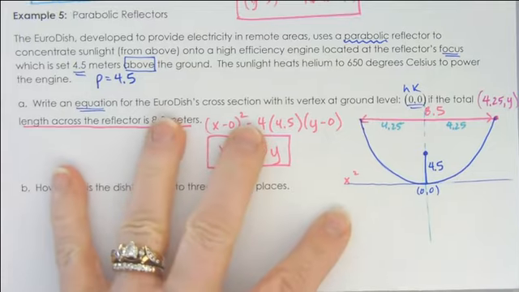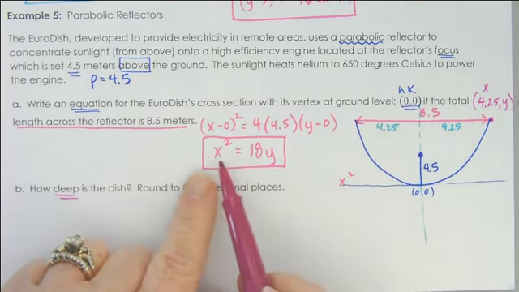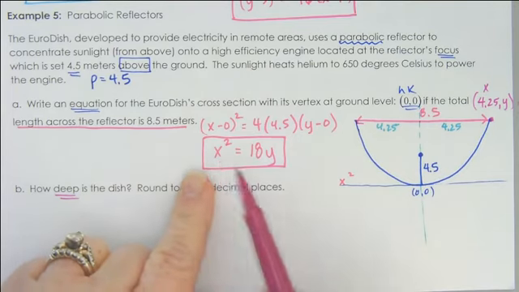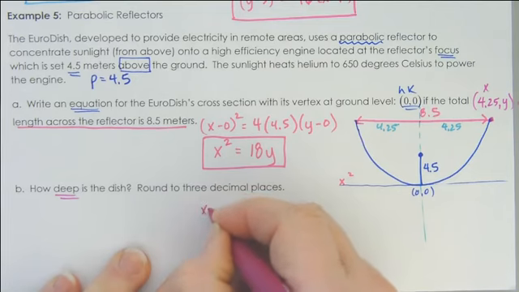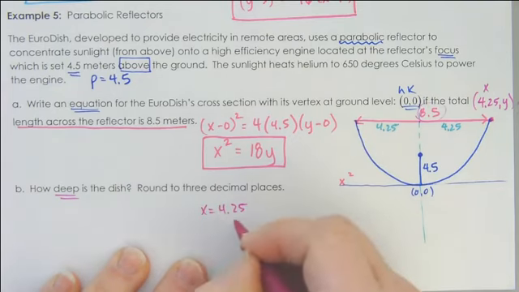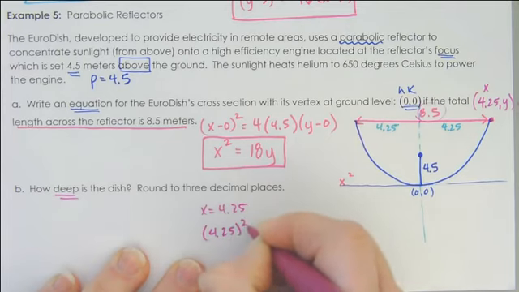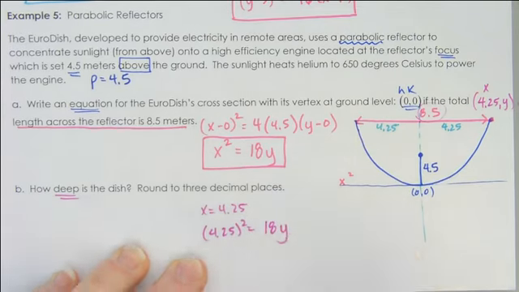So we have an equation. If I'm solving for y, there's my x value. All I'm going to do is plug in 4.25 for x to solve for y. Remember I got that by splitting the 8.5 in half. So 4.25 squared is equal to 18y. Get your calculator out. There's no way you're going to do this one in your head. 4.25 squared is ugly.